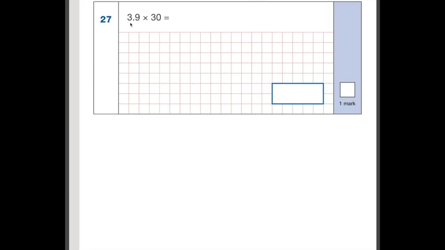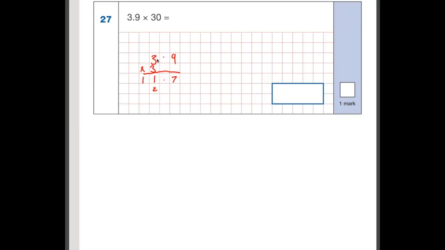So in this example, it's 3.9 times 30. What we could do is 3.9 times by 3, and do 3 times 9 is 27, so it's the 7, carry the 2, 3 times 3 is 9, add the 2 is 11, so it's 11.7.